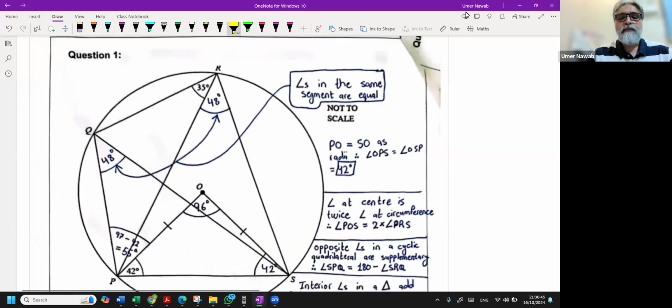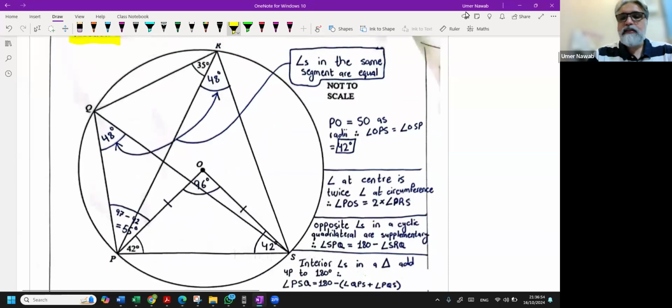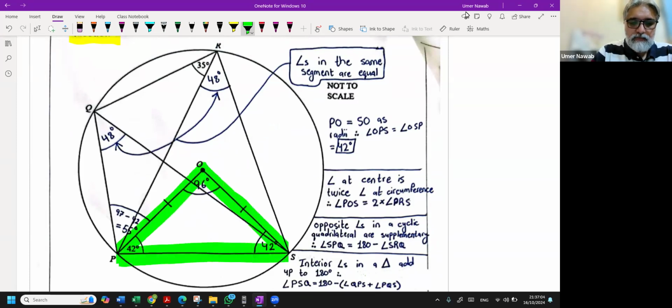As you know, the first testing concept is circles. So question number one, he has given you a circle, right? And in this circle, I can see an isosceles triangle. Why an isosceles triangle? Because we have the radius given.